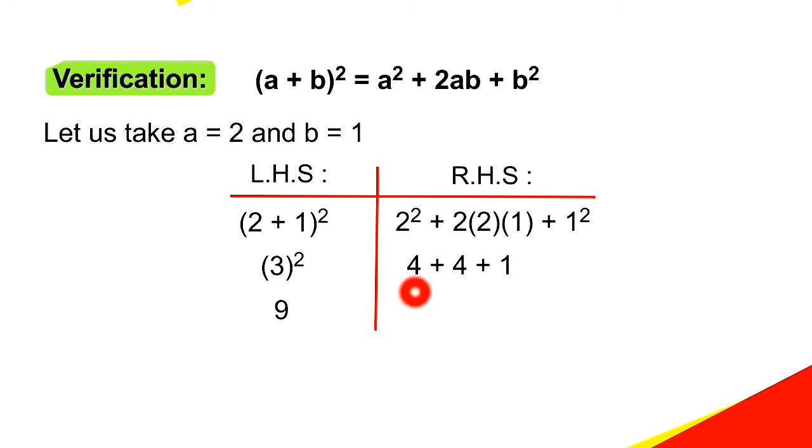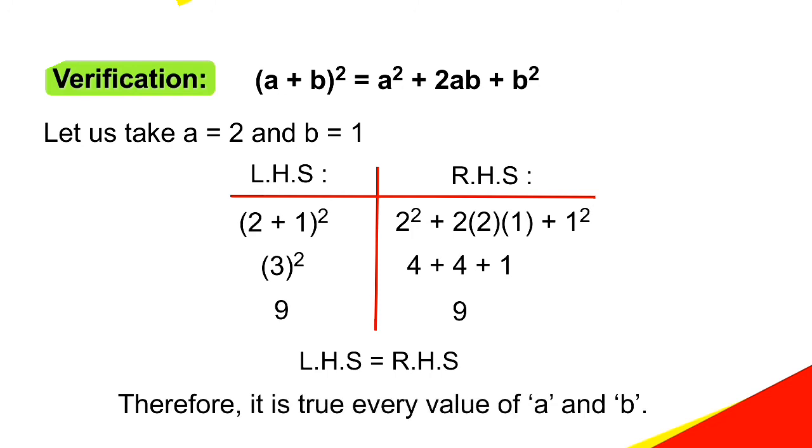Now you can add 4 plus 1. What we can get? Right, that is 9. So what we can say? LHS side is equals to RHS. So therefore it is true for every value of A and B.